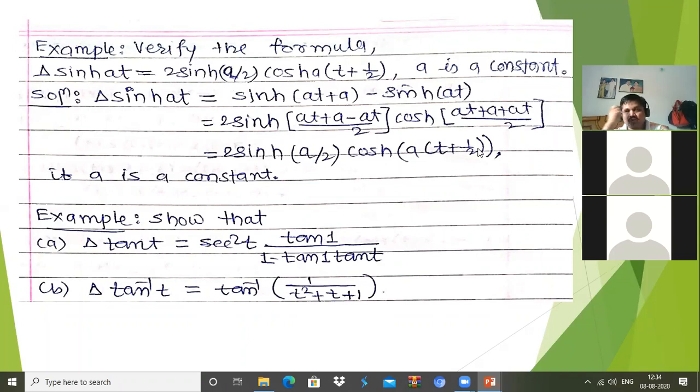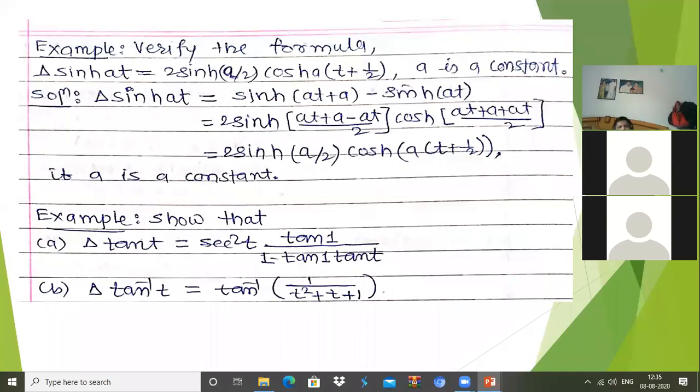I will give one homework here to you. Here also, find delta of cos h at. Take it in your notes; we have to find delta of cos h at, if a is a constant term.